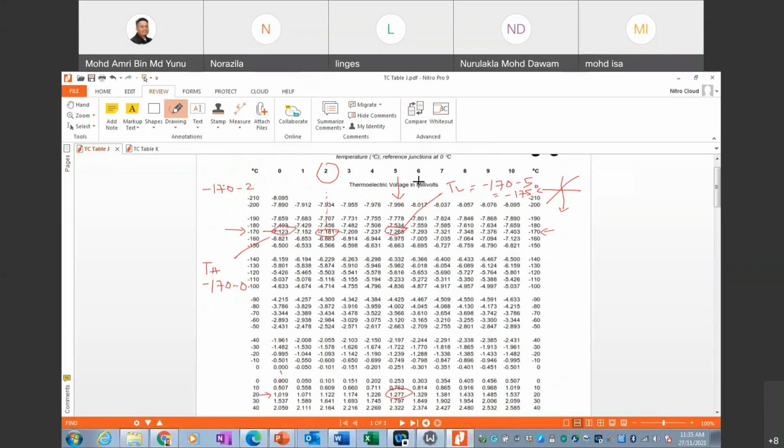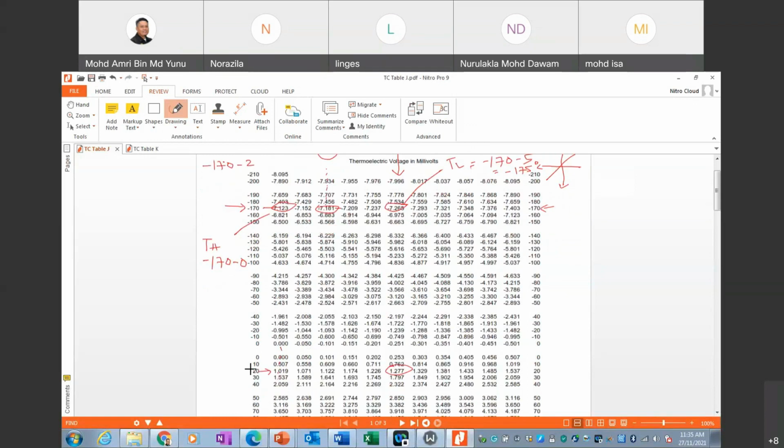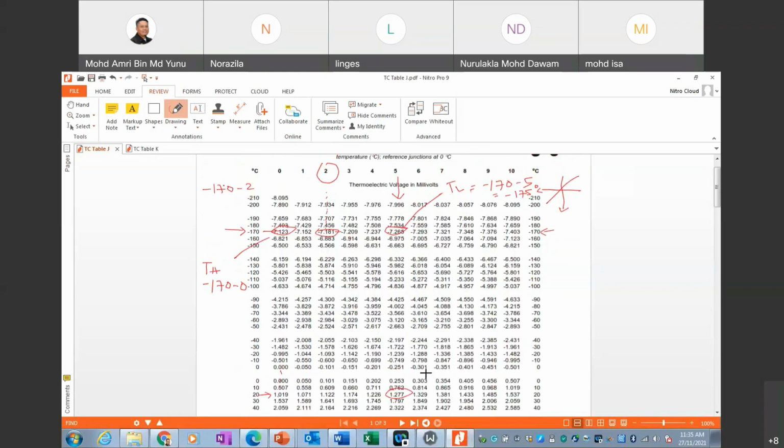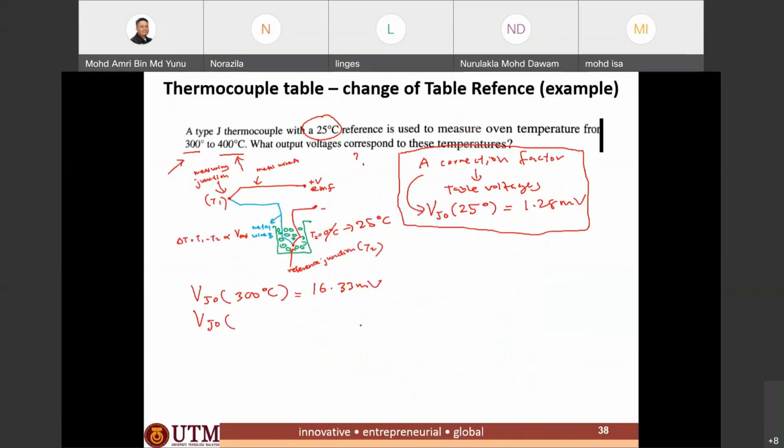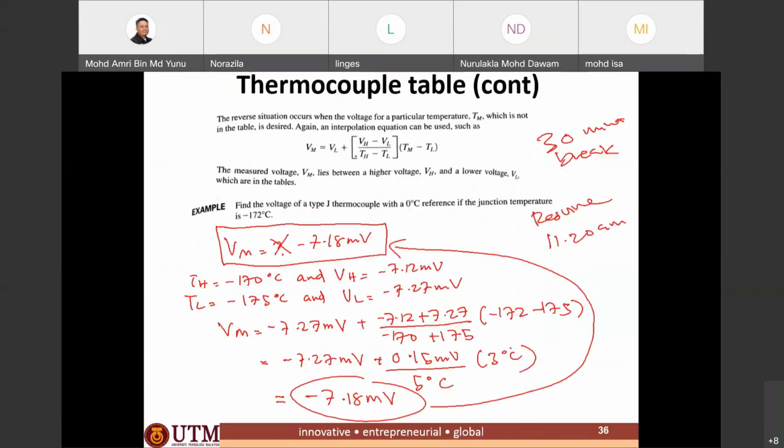So 20 plus 6 is 1.33. But it will be a bit tricky if, let's say, it is 25.5. Then you need to do interpolation.